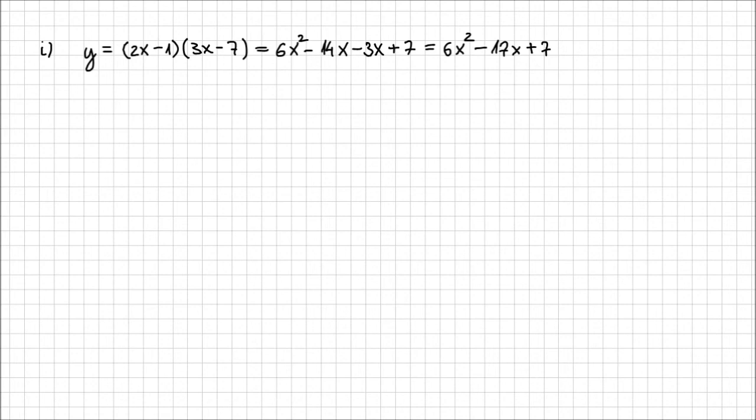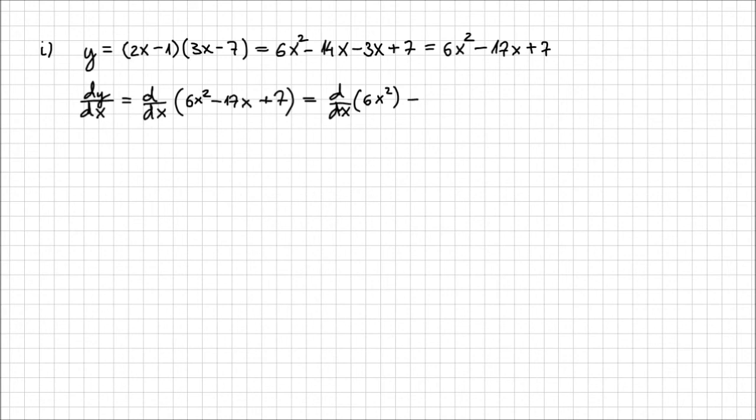Let's differentiate. dy/dx is going to be d/dx of this expression 6x squared minus 17x plus 7, and that is going to be the derivative of the first term 6x squared minus the derivative of the second term 17x plus d/dx of 7. And as we know, the first derivative is going to become 6 times the power, so 6 times 2, I can write directly 12, x to the power 2 minus 1, which is 1.